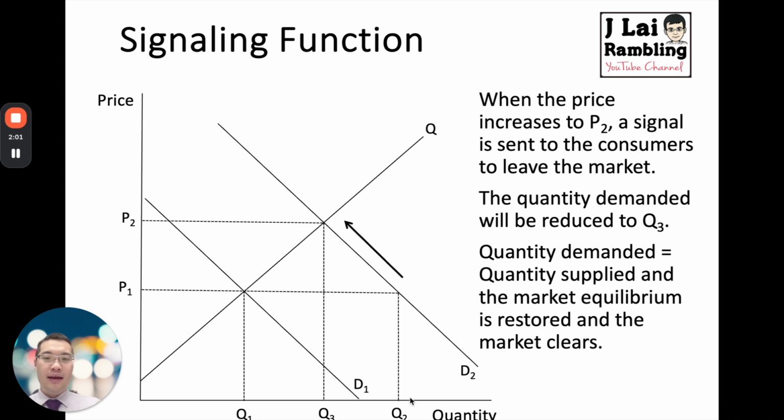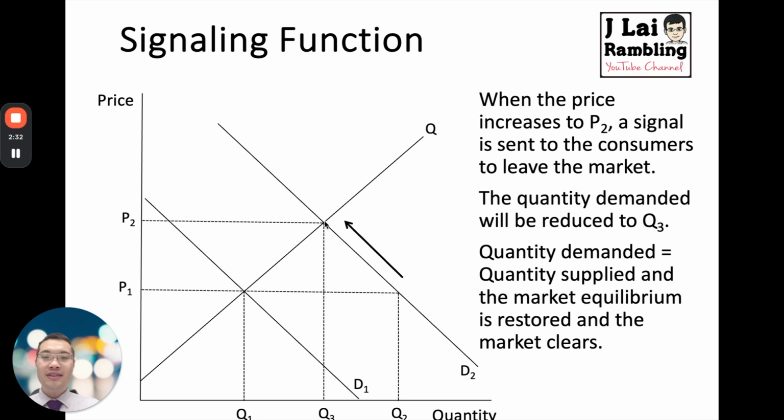However, when the price increases to P2, this is telling the consumers, hey, please reduce your quantity demanded to Q3, from Q2 all the way to Q3, where the quantity demanded and the quantity supplied are the same. The market equilibrium is restored at P2, Q3, and the market clears.